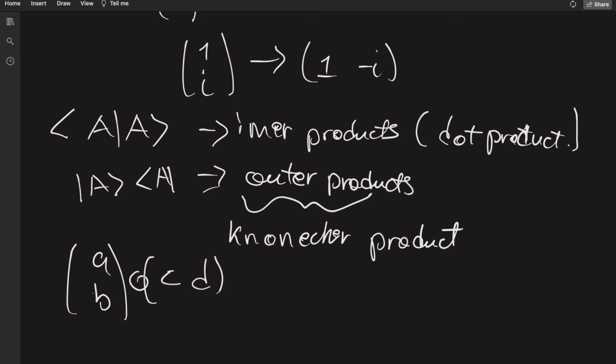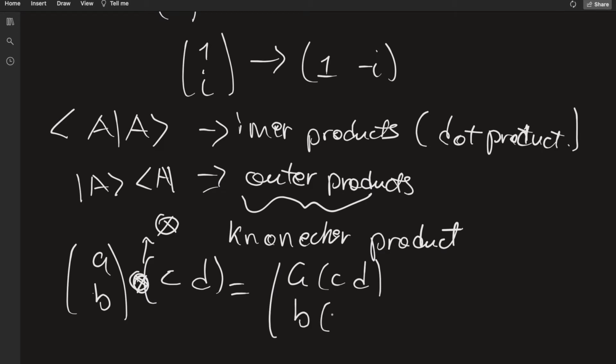We usually have this little notation which represents the outer product. So how do we compute this? We usually take one of the values on the top and multiply it by the whole other matrix or vector.